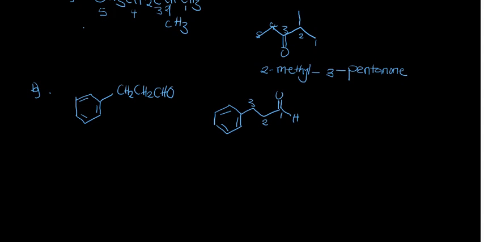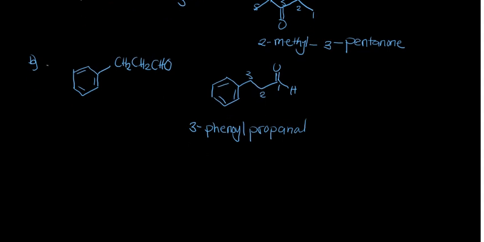The phenyl becomes a substituent, so it's a 3-phenyl. Then what's the parent name? If it's having 3 carbons, it's called a prop. Now it's an aldehyde. We said aldehydes end with this, propanal. So it's 3-phenylpropanal. That's the structure.